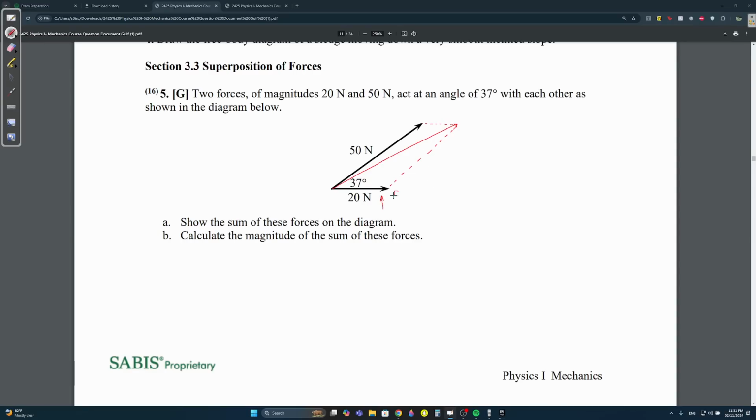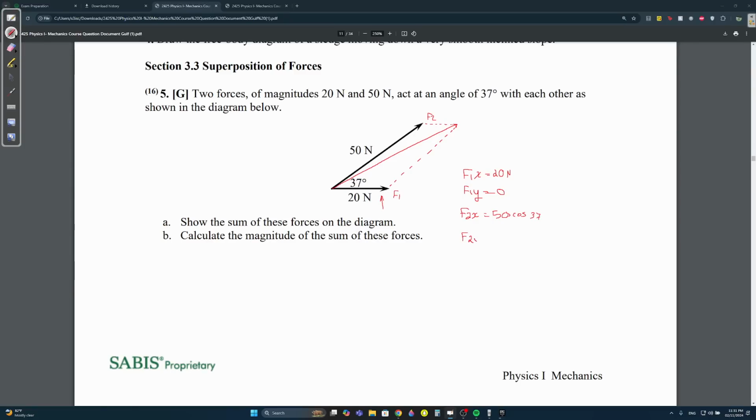This one here, let's call this F1. Let's call this one here F2. F1x is equal to 20 newtons because it's going to the right. F1y is equal to 0 because it's on the horizontal. F2x is equal to 50 cosine 37. At this point, you guys know x is for cosine, y is for sine, if the angle is with the horizontal. In this case it is, right?